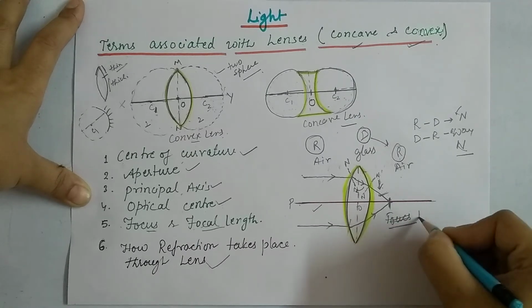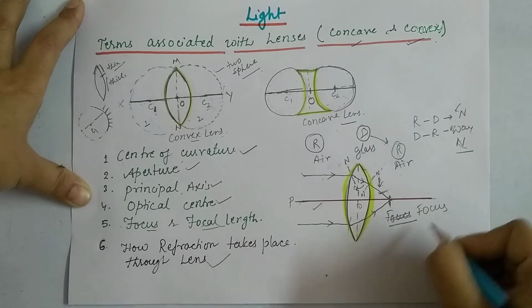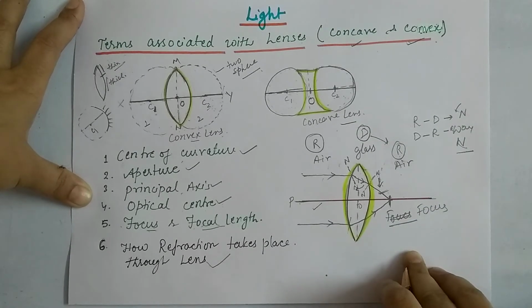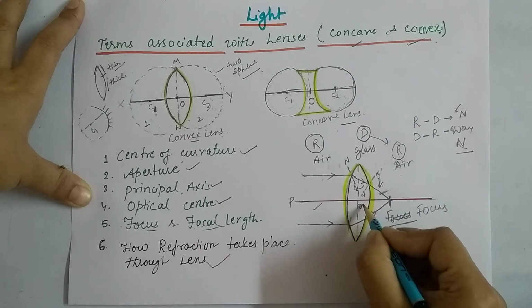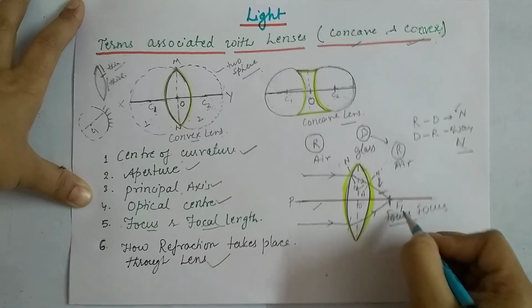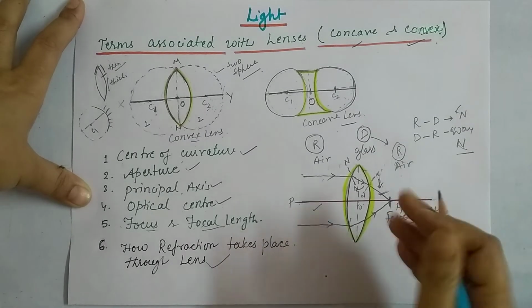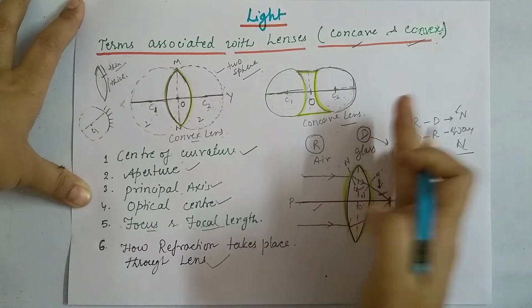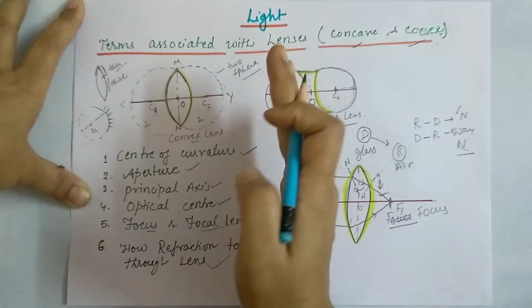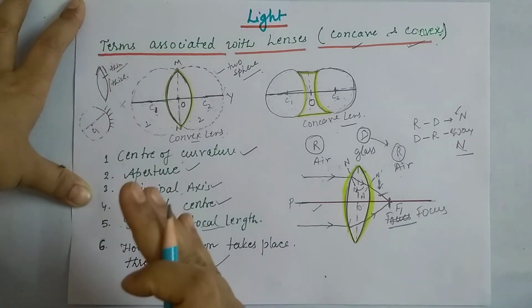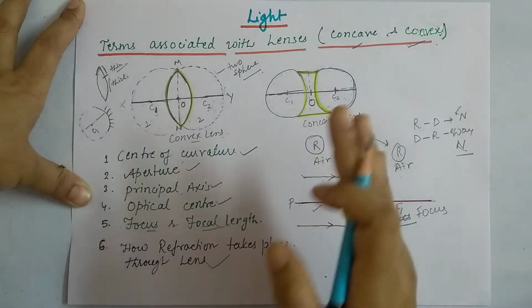Sorry, the spelling is wrong. Focus, this is called focus. So we can make this F1, and we know that light can move from this side also. So the focus point can also be on this side, because it's not a mirror, it's a lens.